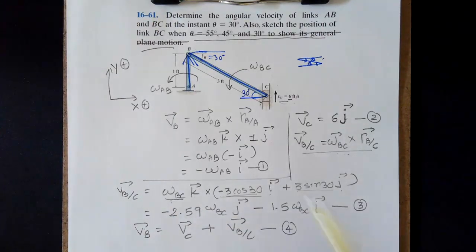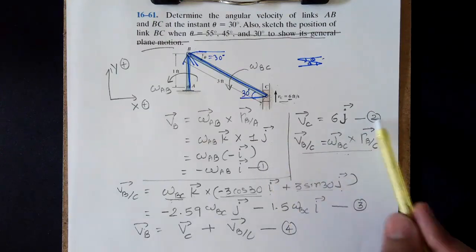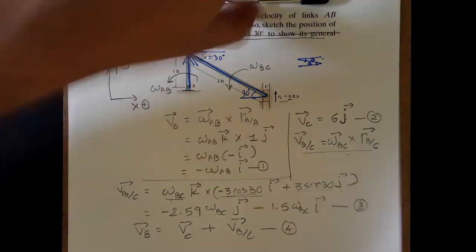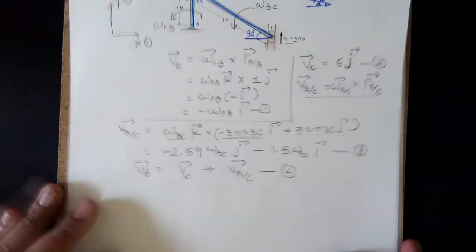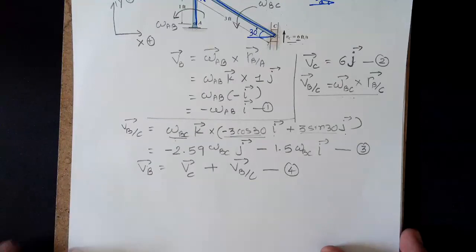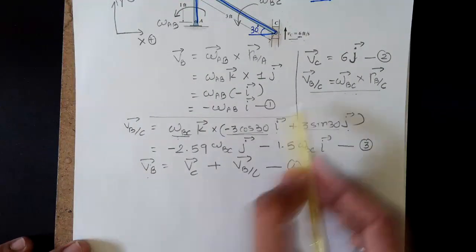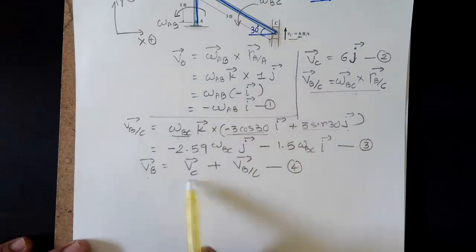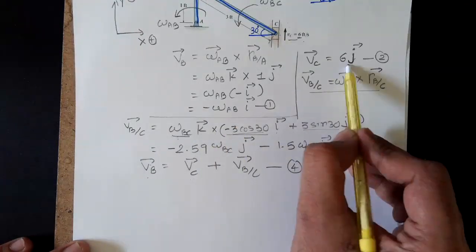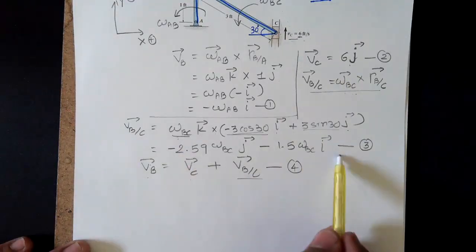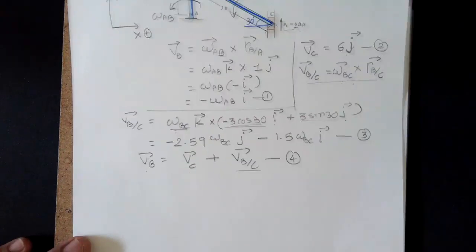So now it's time to substitute 1, 2 and 3 into the fourth equation. So let's do it. We'll substitute the value of VB from here, the value of VC from here, and the value of B relative to C from equation 3. Okay, so let's substitute everything into that equation.